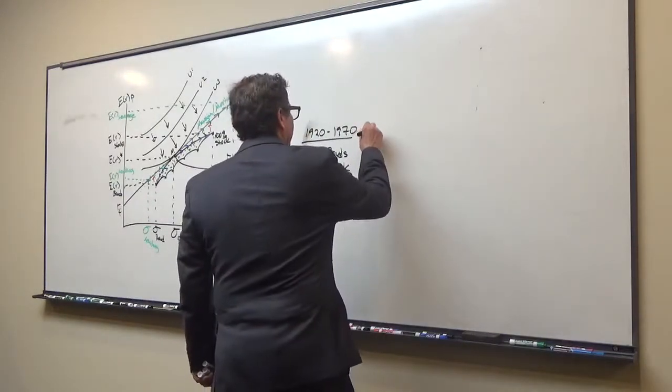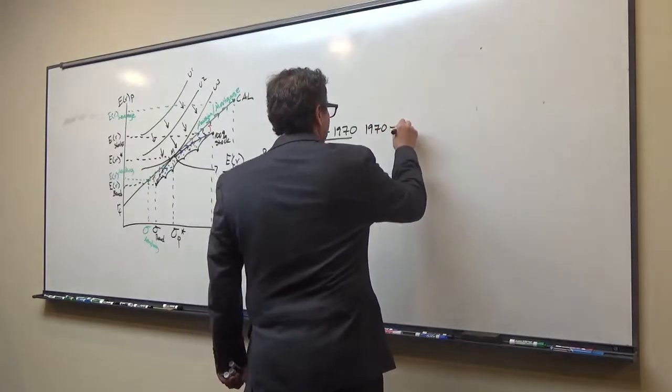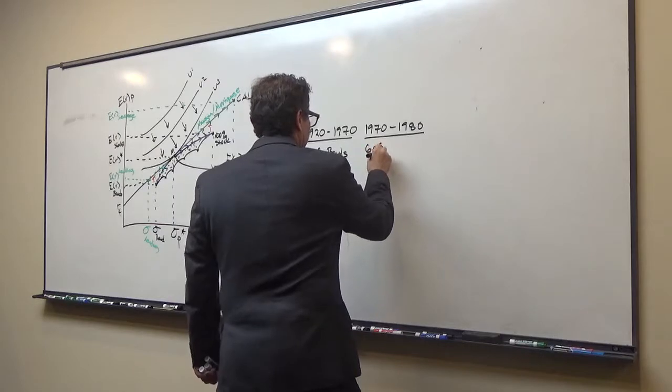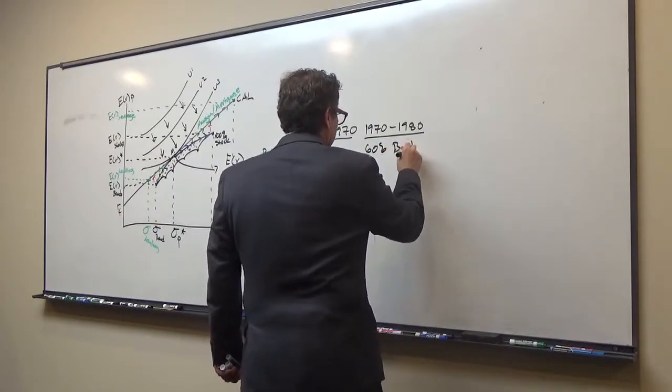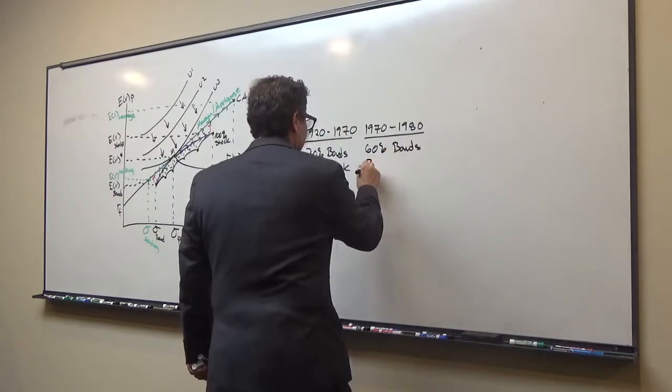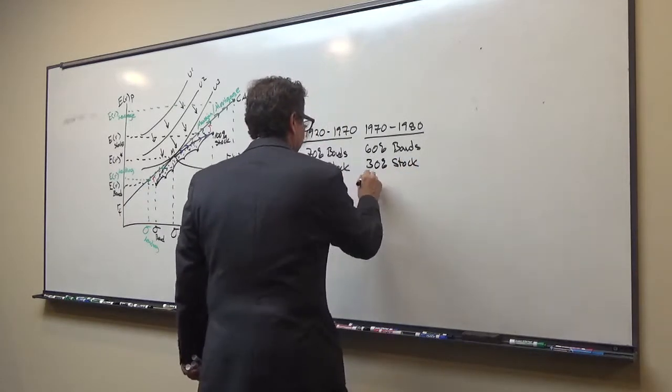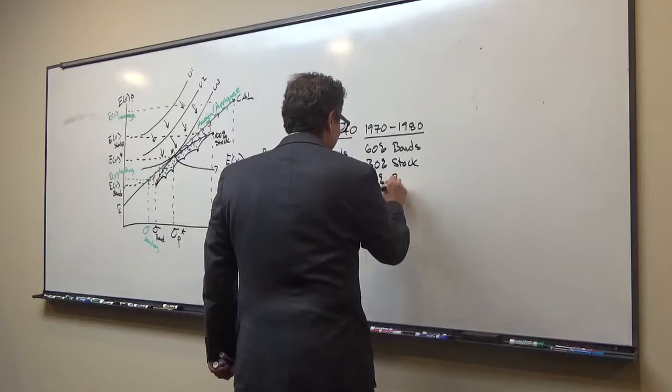And then from 1970 to 1980, we took 1,000 basis points from bonds, stocks continued to get their allocation, and you put 10% in real estate.